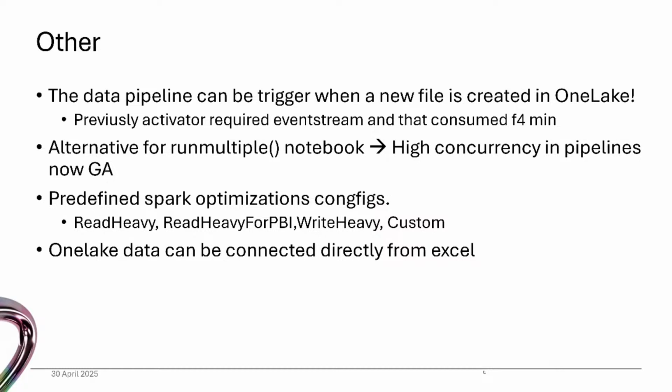But now what Microsoft has done is they have given out these kinds of templates with very elaborate naming of what it's for and what it's not for, that you can try to see if that might help to speed up your ETLs. And then they also added support for getting your data from Excel.